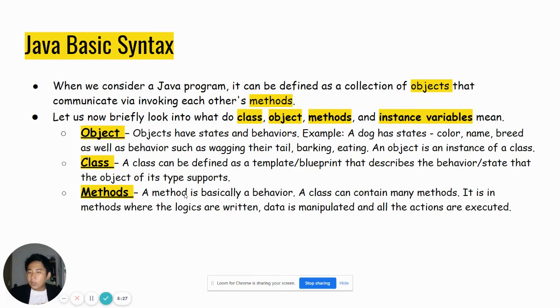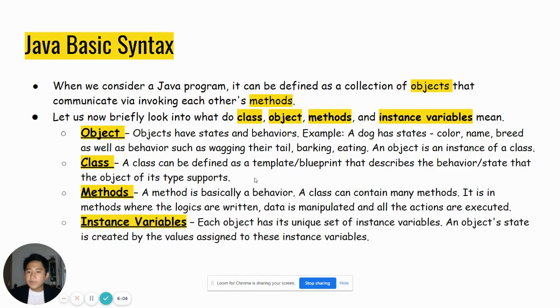All those wagging of the tail, barking, eating, jumping, those are methods of an object. And in Java programming, methods are where you put your program, where you manipulate your data, where you put some logic on your program like if else or looping. You put all those inside methods.